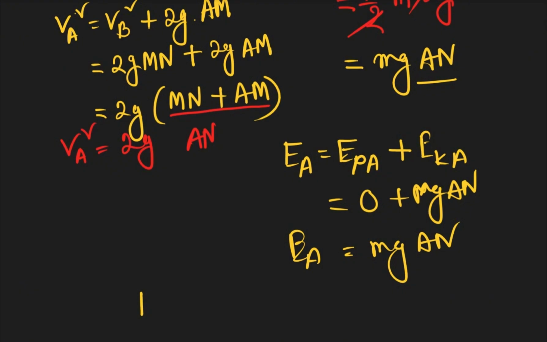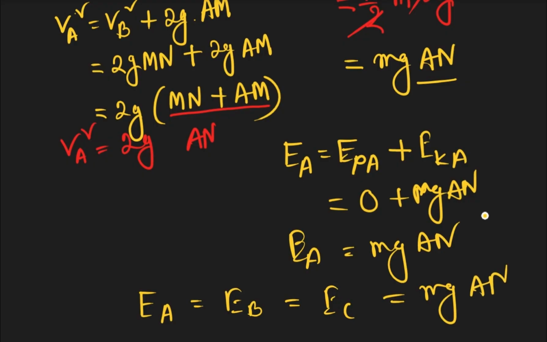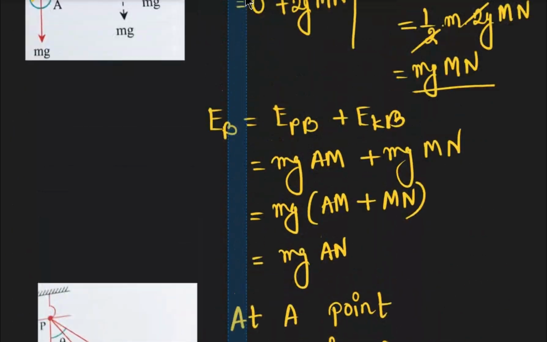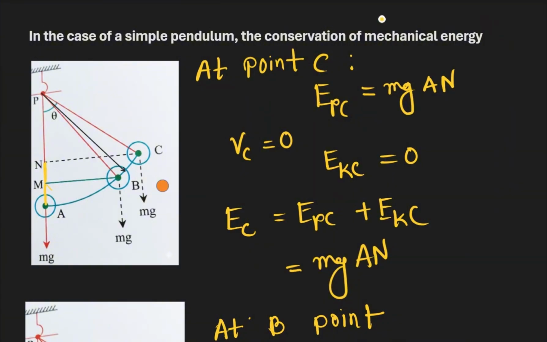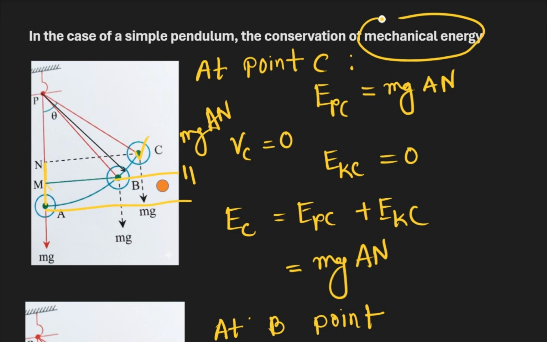At every point we found that EA equals EB equals EC equals mg AN. So the law of conservation is maintained at every single point because the mechanical energy for every point is equal. At C point mg AN, at B point the same mg AN, and at A point as well, mg AN. So the law of conservation is maintained for this simple pendulum.